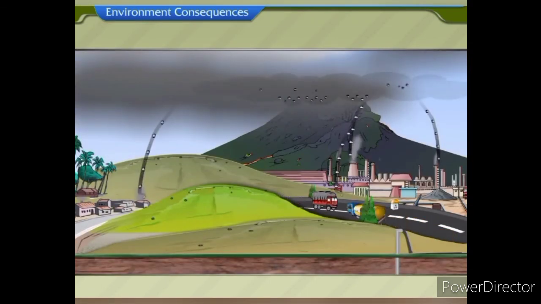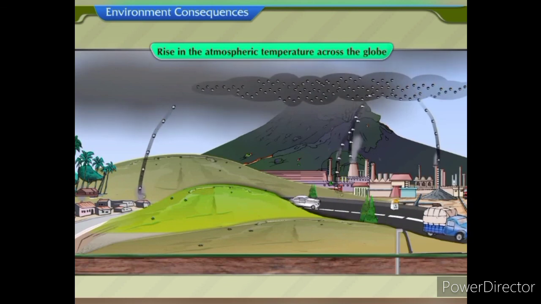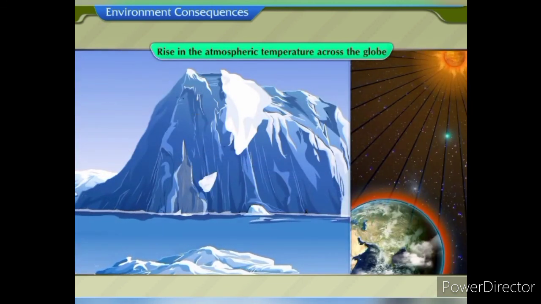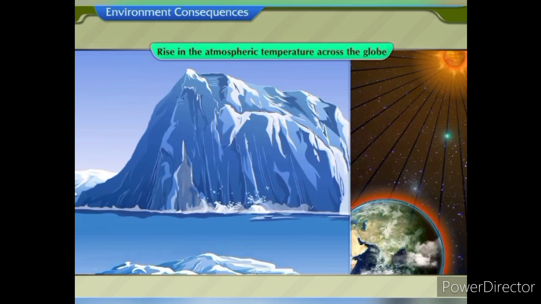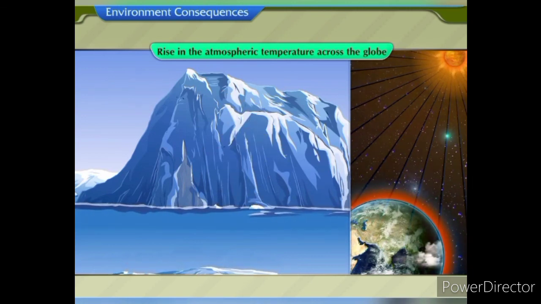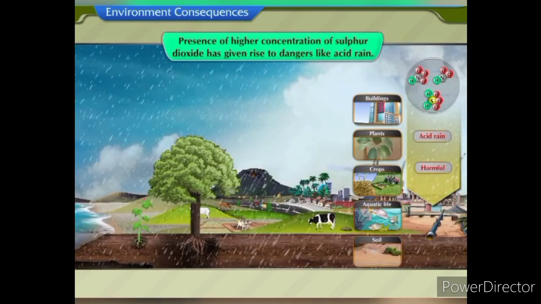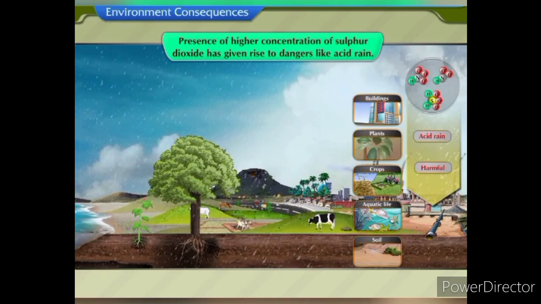Global warming means a rise in the atmospheric temperature across the globe, which is quite alarming as it results in the melting of the snow on the mountain peaks exceeding the normal pace. Presence of a higher concentration of sulfur dioxide has given rise to dangers like acid rain.